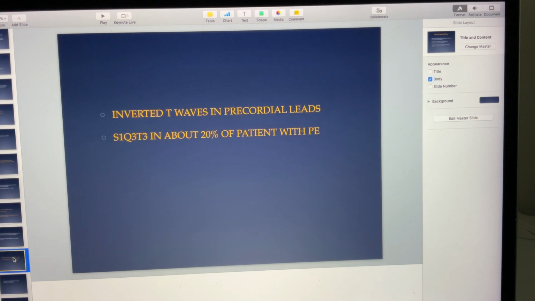So the answer is inverted T waves in precordial leads. So if you see this, it's very helpful. The answer to the second question is S1Q3T3. In about 20% of patients with pulmonary embolism, you're going to see the S1Q3T3. But again, this is not very common. Okay, but when you see it, it's very specific to PE.